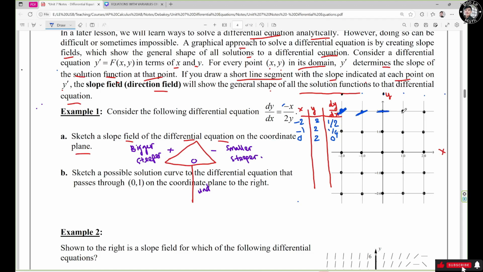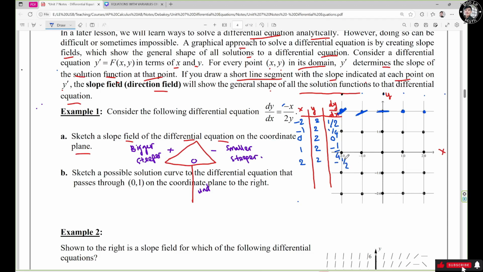Alright, now s equals 1, y equals 2. Substitute over here, it's going to be negative 1 over 4, right? And s equals 2, y equals 2. It should be negative 1/2, right?